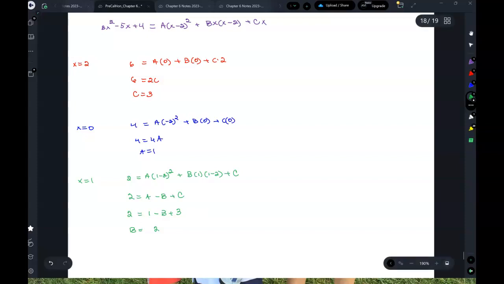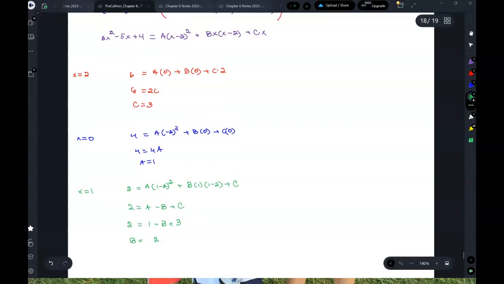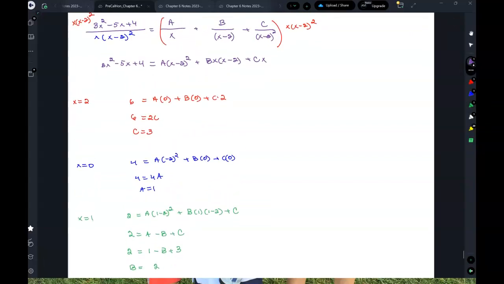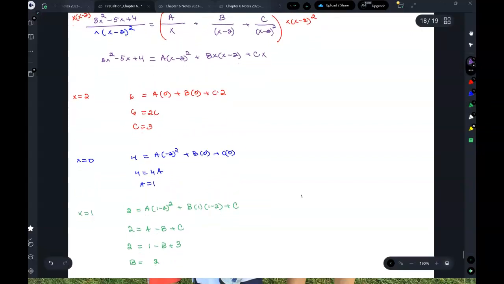Okay. So now I got A, B, and C, and I can just rewrite them as, let's see, A was A over X, so 1 over X, plus 2 over X minus 2, plus 3 over (X minus 2) squared. Okay?